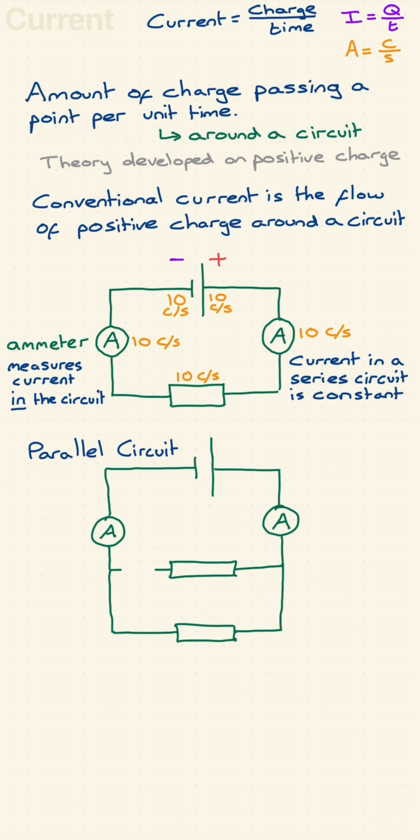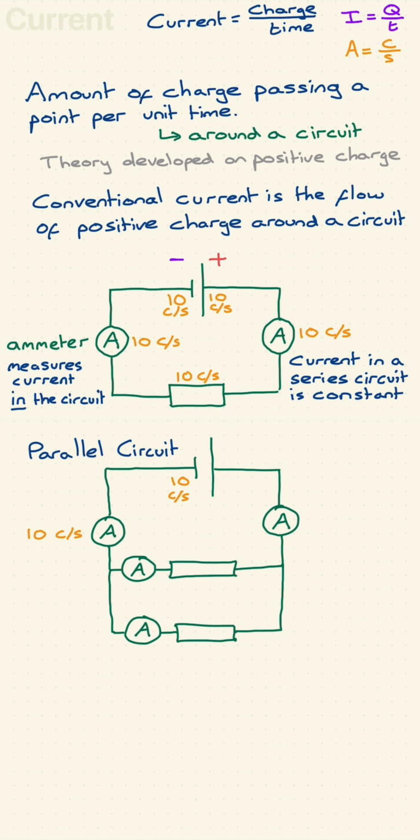Let's put in a couple of ammeters to compare the two branches here and here. And so let's think the current through. If we again say that we have 10 coulombs leaving the cell every second, then we will have 10 coulombs passing this ammeter every second, and then at the junction, half will go this way and half the other.